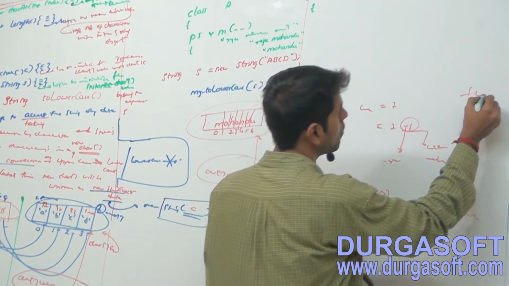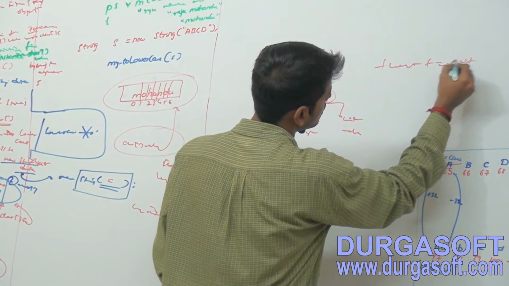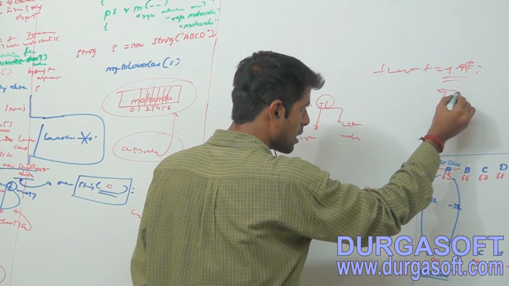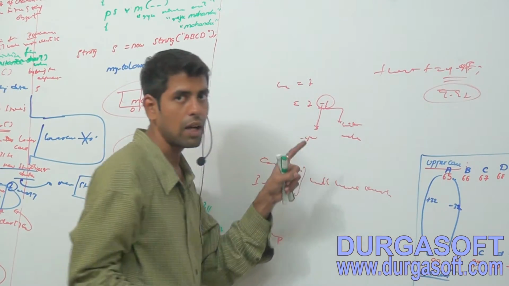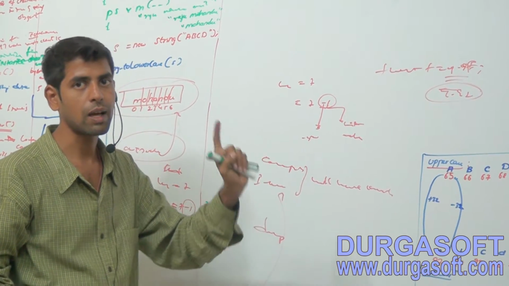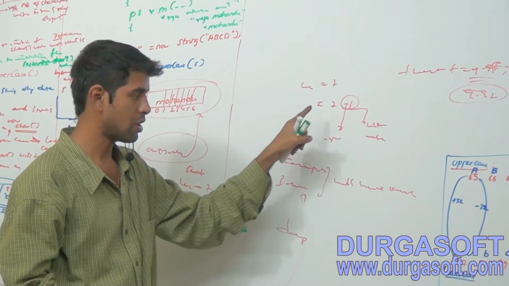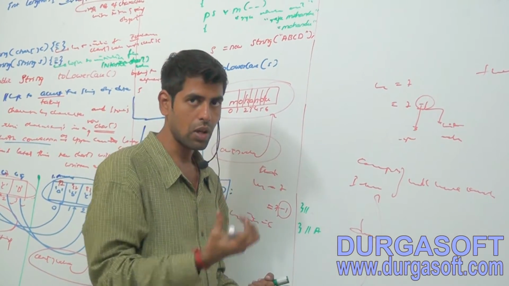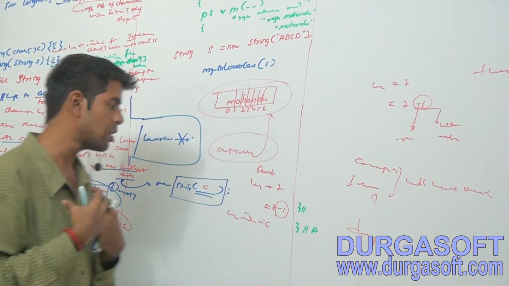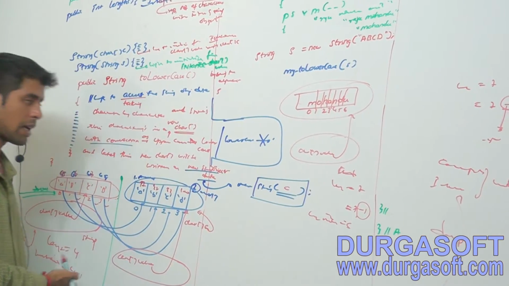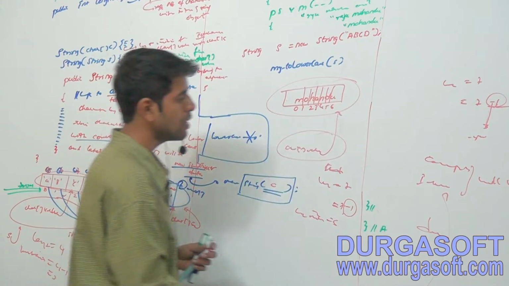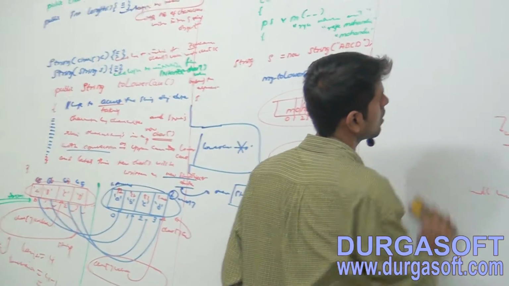Observe here, float f equal to 0.0f or 9.9f. About this 9.9f, our compiler and JVM have knowledge. This is the trick. So I am just taking that knowledge and using it for my requirement.